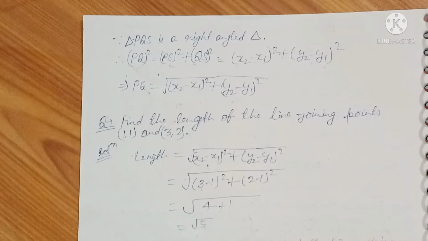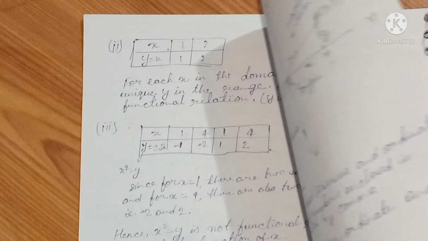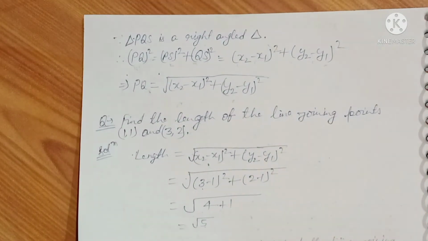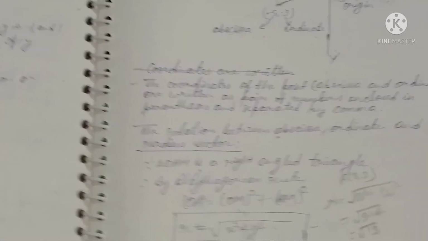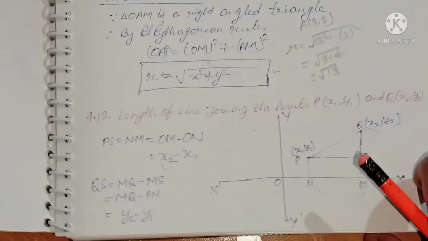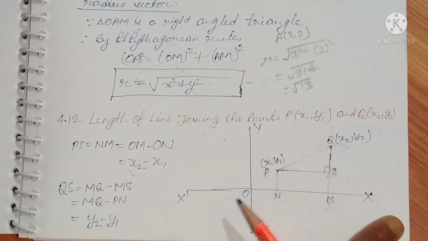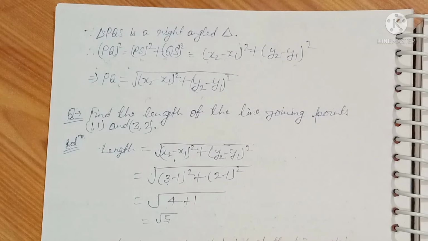This is the way we can find the length of the line joining two points P and Q. So this is PQ, which we got here.